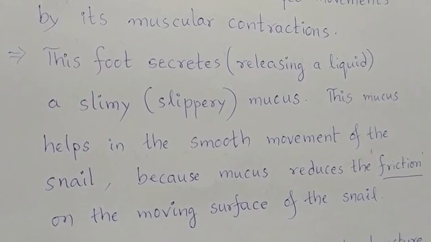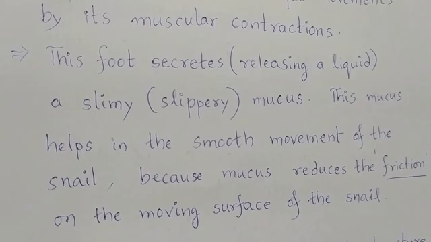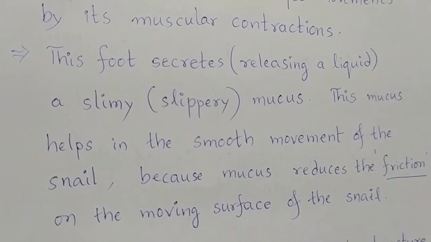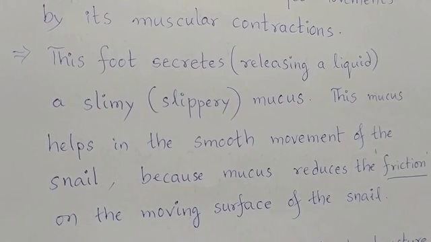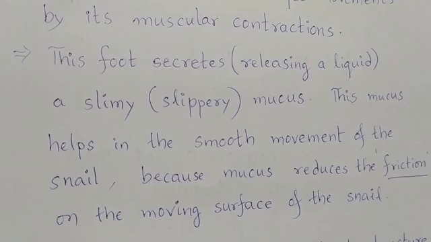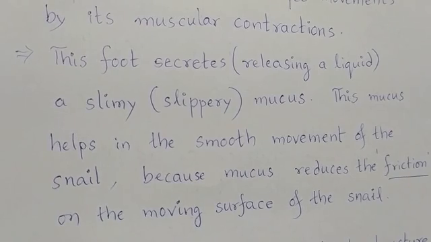Like how in earthworm some slimy substance is released on the downside, in the same way for snail also, slimy substance is released by the muscular foot. This makes the movement of the snail a gliding, easy-going movement.